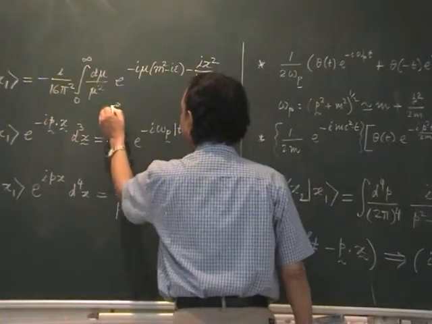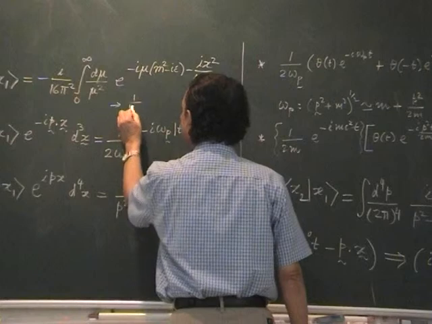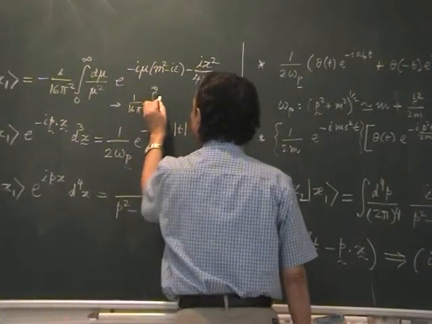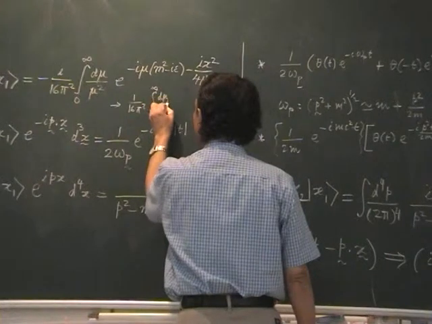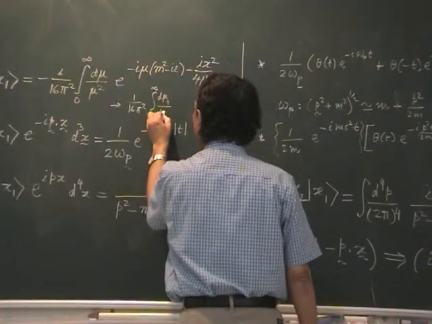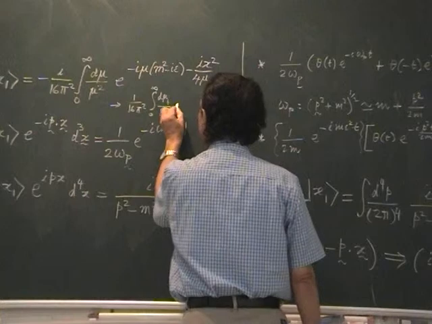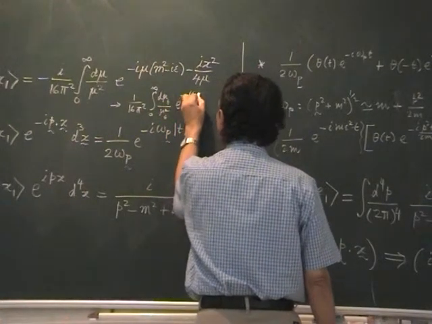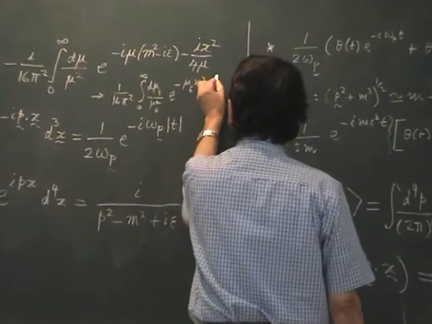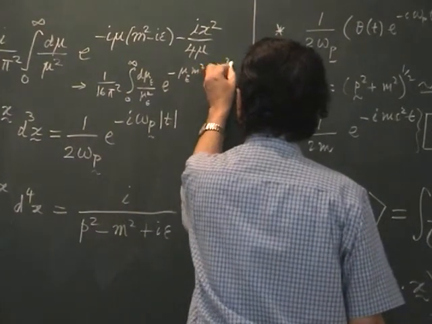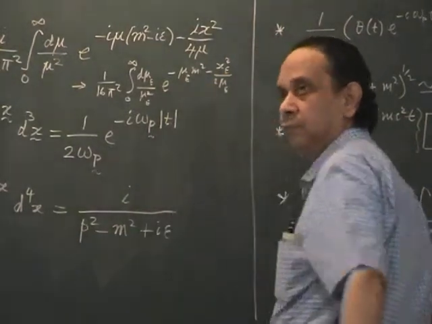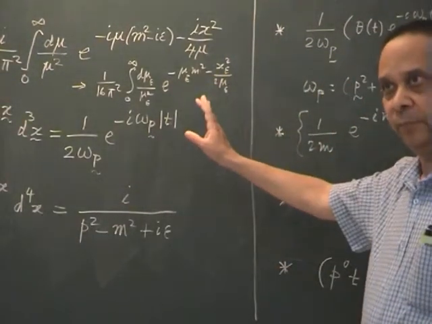So this would have gone to just 1 upon 16 pi square integral 0 to infinity d mu Euclidean upon mu Euclidean square e to the minus mu Euclidean m square minus x square Euclidean upon 2 mu Euclidean. Everything is well done. Okay?